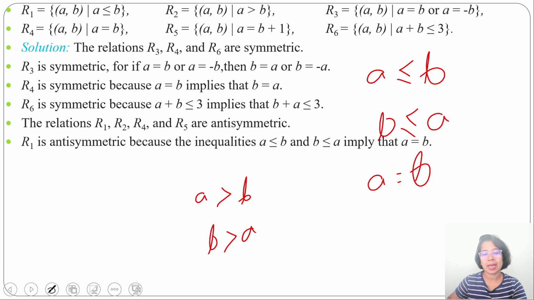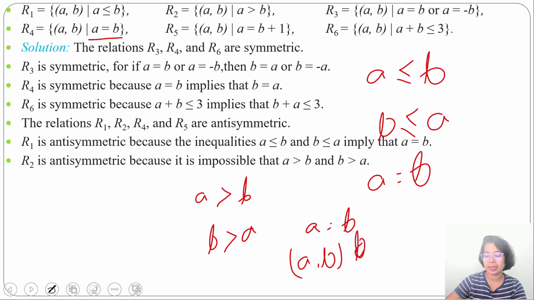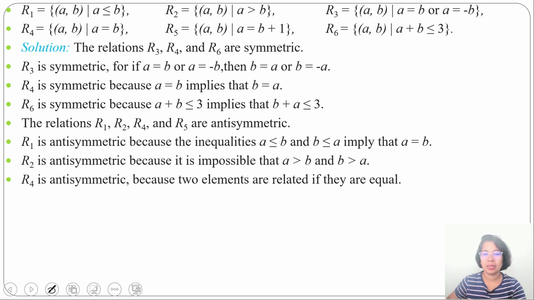So it is antisymmetric. Next R4, if A equals B, if the (A,B) relation is present, then the (B,A) relation can be present and A equals B. So R4 is both symmetric as well as antisymmetric. Next R5, A equals B plus 1, so it is impossible that B equals A plus 1.